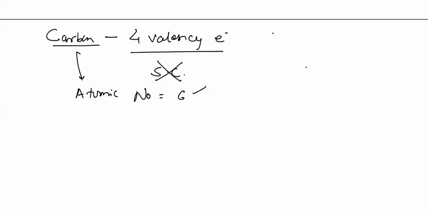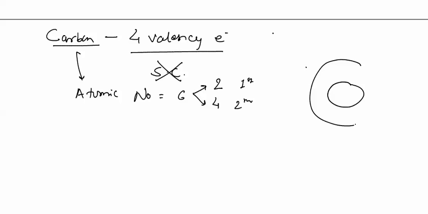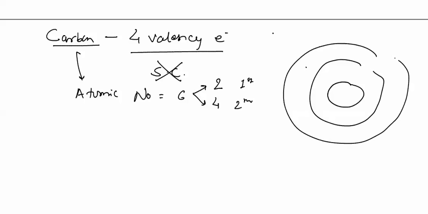Out of these 6 electron, 2 electrons will be in first shell and 4 electron will be in valence shell. The atomic structure will be like this. This is nucleus. 6 protons are there in nucleus, 2 electrons are in first shell and 4 electrons are in valence shell.